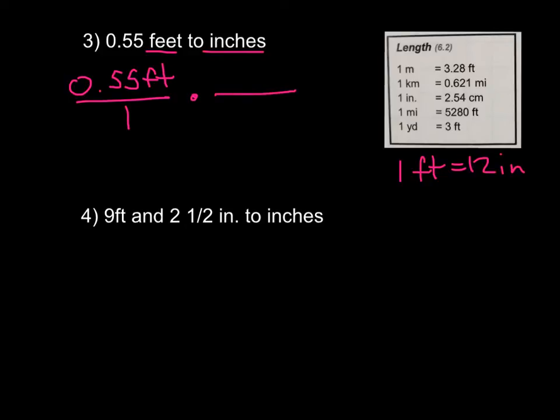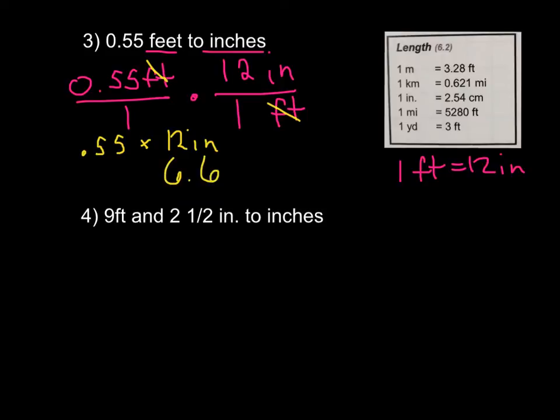So if we have feet on top, we need feet on the bottom because we're getting rid of feet, and we need inches up here. So 1 foot is equal to 12 inches. Now before you start multiplying, feet cancel, then we have 0.55 times 12 inches, which gives us 6.6 inches. That's our final answer.